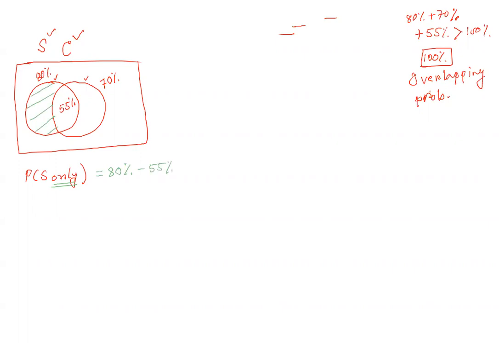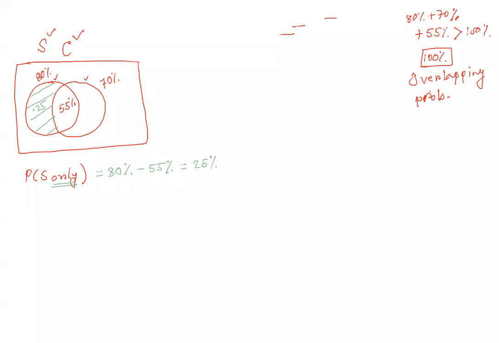But we don't want those group. Okay? So 80 take away 55 is 25%. So 25% or 0.25 chance that a student passes statistics only.